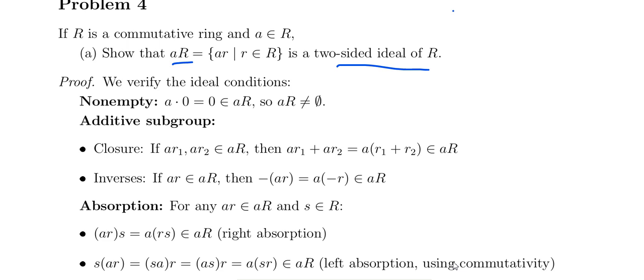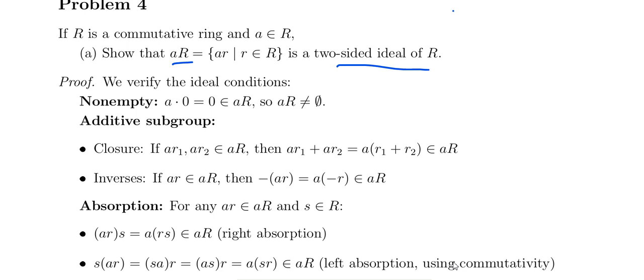So how do we verify this condition? First, 0 belongs to AR, obviously, because AR is the collection of A r, and 0 is A into 0, so 0 belongs to AR.